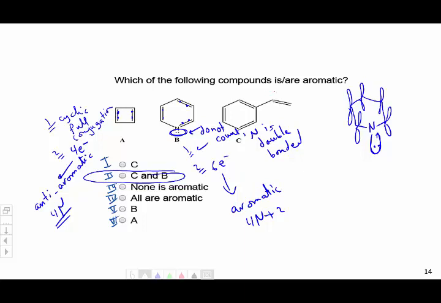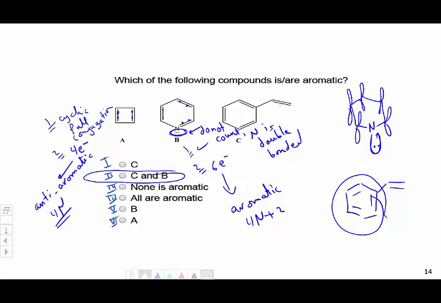Now the last one in here, I'm gonna redraw it. Mainly it is a benzene ring, right? It doesn't matter what's connected to it. We've seen in chapter 16, it doesn't matter if I have an NO2 on the benzene ring, or an SO3, or a double bond, or tertiary-butyl. At the end of the day, it's still a benzene ring.